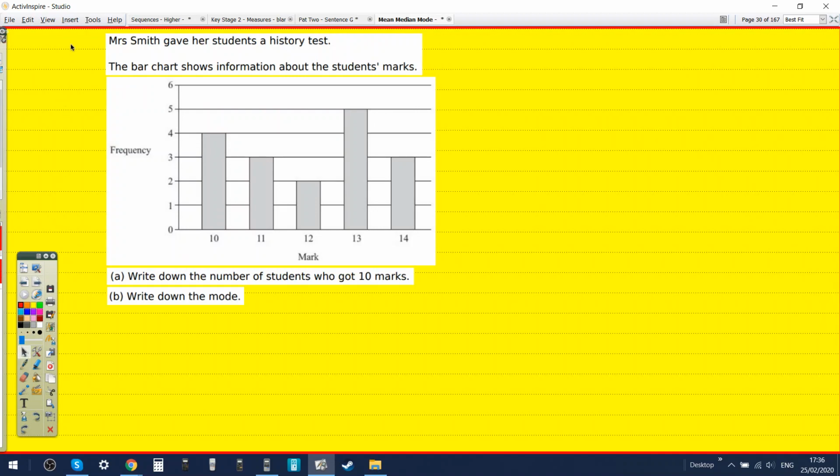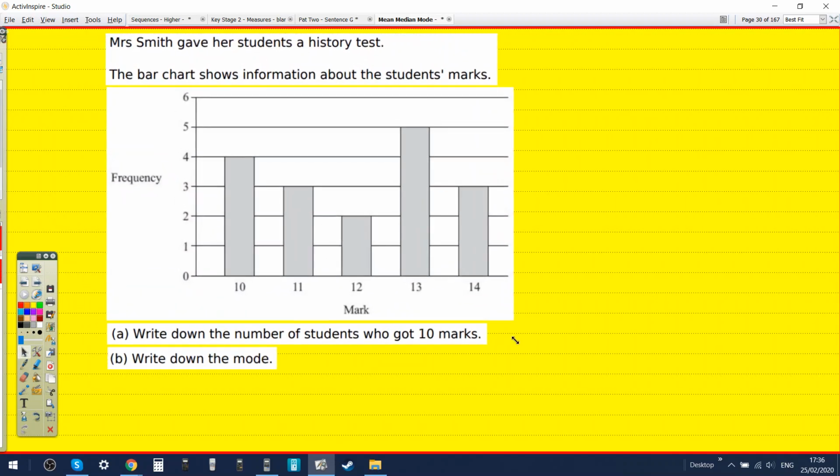Okay, let's try this one. The mode is 13.